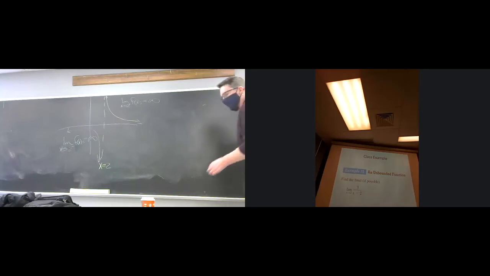This is what's called an unbounded function. It's unbounded because, well, you can't really put a bound on infinity. Like, you're not going to lasso that into something nice to work with, right?